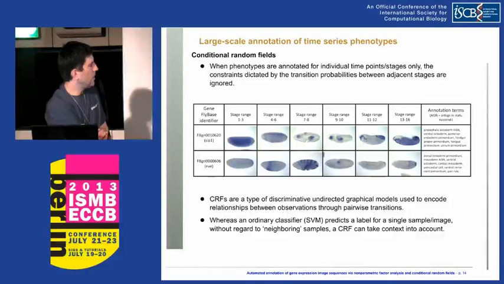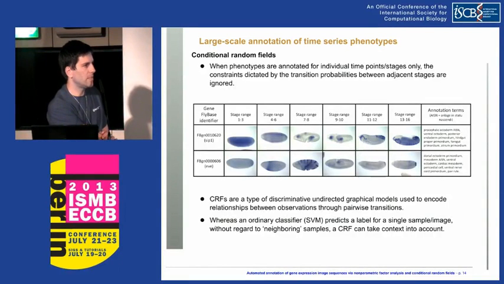So what we did, we built SVM classifiers for every single stage and every single annotation term, disregarding any transitions across these stages. And we did show that the results in terms of accuracy were as good as state-of-the-art models with bottom-up approaches, but now we really wanted to do better than that.